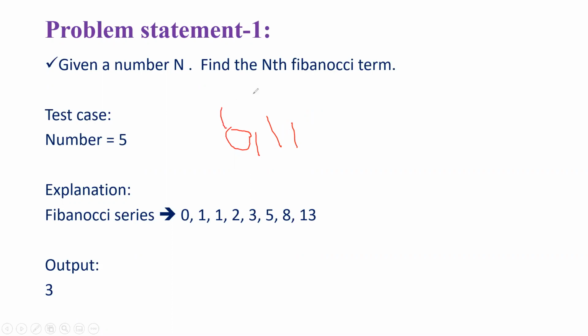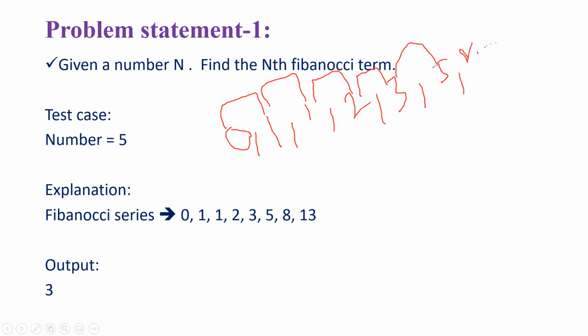See these two, the sum 0 plus 1, this would be my next term. 1 plus 1, this would be my next term. 1 plus 2, this would be my next term. 2 plus 3, this would be my next term. 5 plus 3, 8. Like this, every new term in the Fibonacci series would be the sum of the previous two terms. Okay, and we will take the first two terms as 0 and 1.